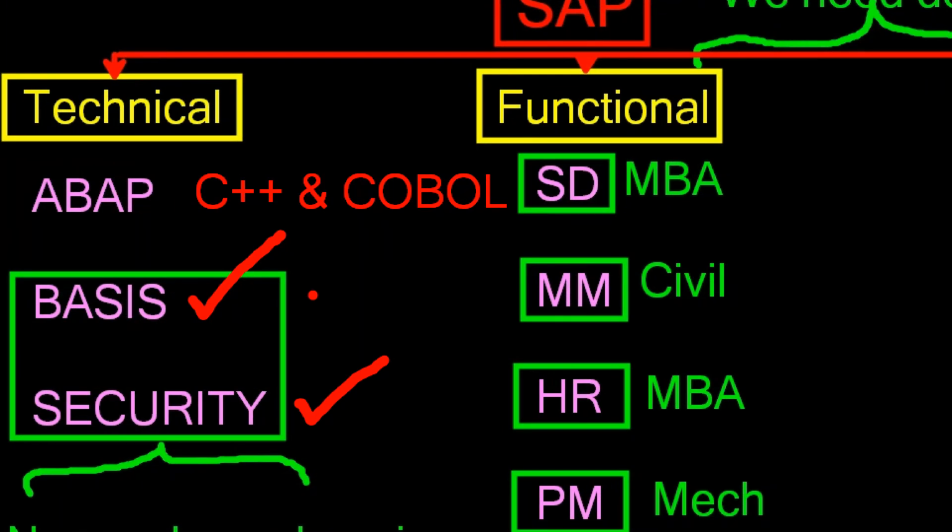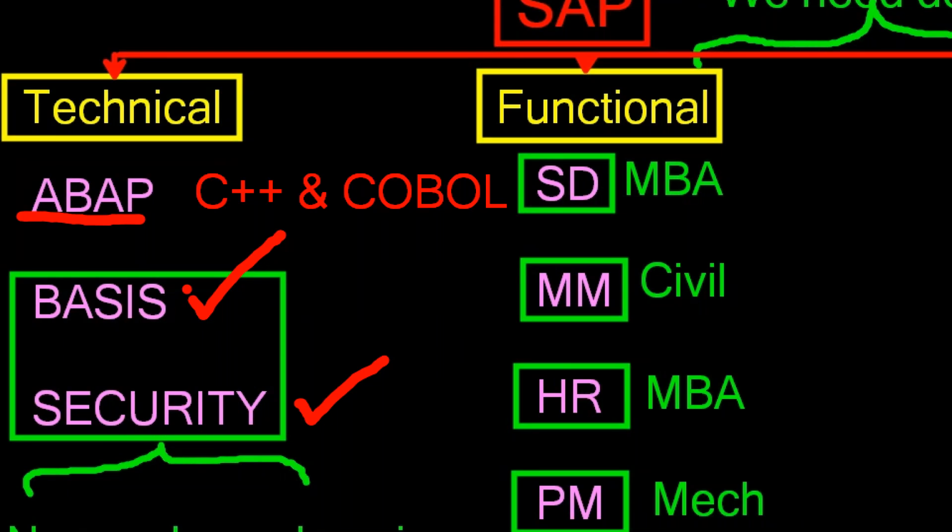For suppose, if you want to learn Java, first you need to learn C, C++, and finally Java. Without C language or C++ language, you can't understand Java. The same way with ABAP. If you want to learn ABAP, you need to learn C++ and COBOL, and finally you can learn ABAP.